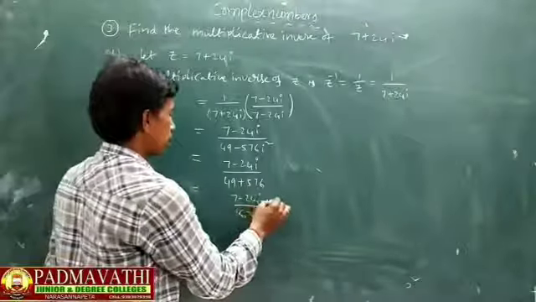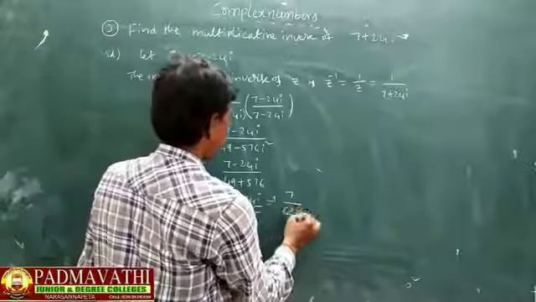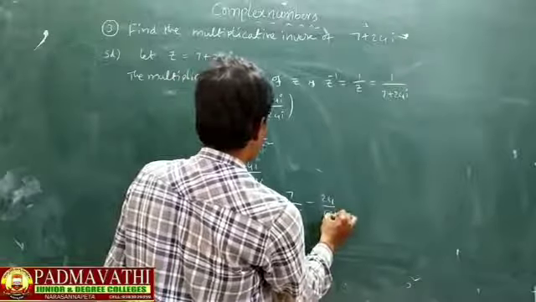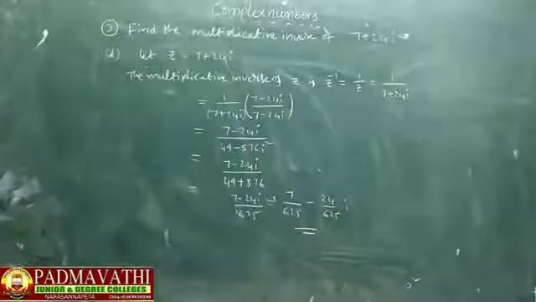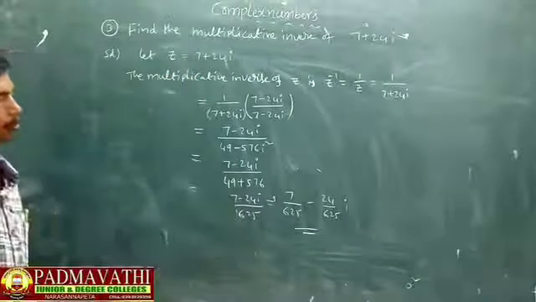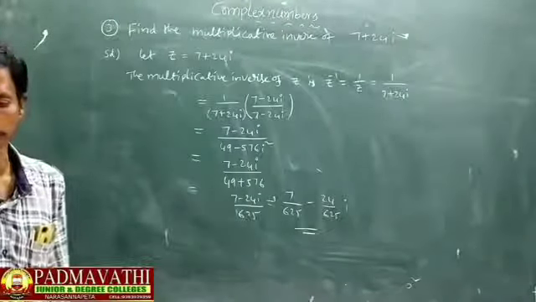So that is, real part is 7 by 625 minus 24 by 625i. It is the multiplicative inverse of the given complex number: 7 by 625 minus 24 by 625i.